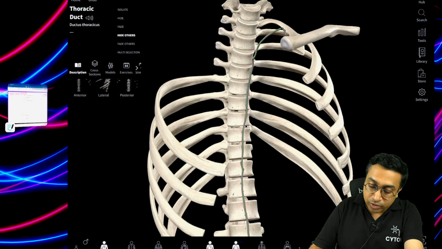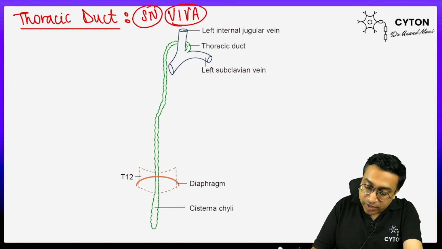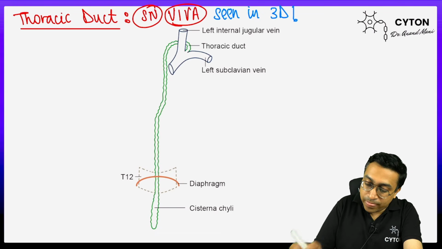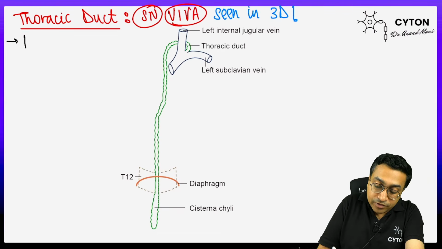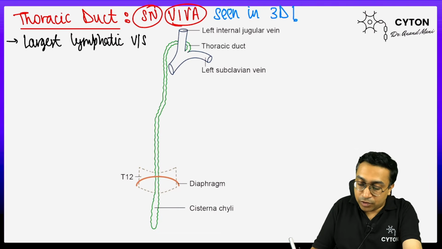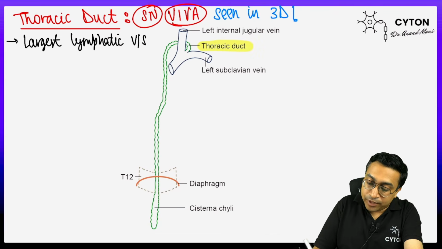So we will talk about this now. Thoracic duct, we have seen in 3D, okay. So key points here, it is the largest lymphatic vessel, okay. You can see it is shown in this image, thoracic duct, okay.